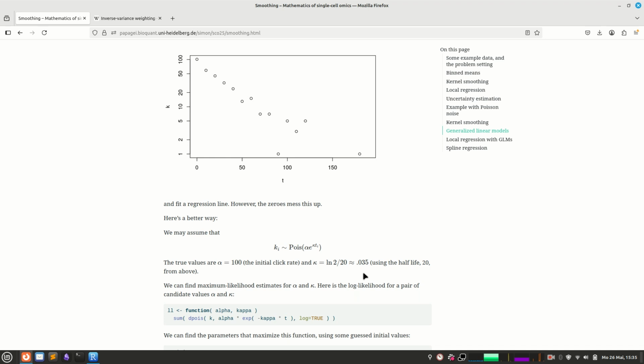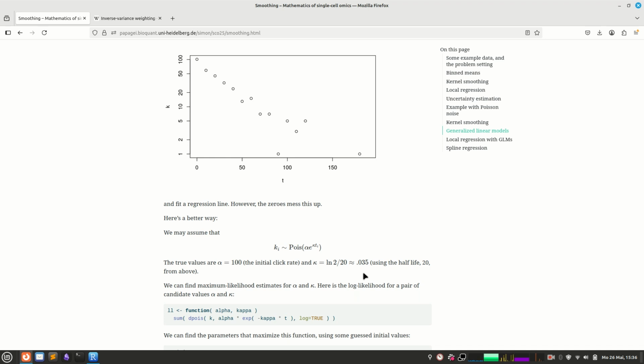This gives us the probability of observing k_i at time t_i, and we multiply all these things in order to get the overall probability to see these. So the probability of observing k_1 through k_n is the product over the terms with kappa t_i.